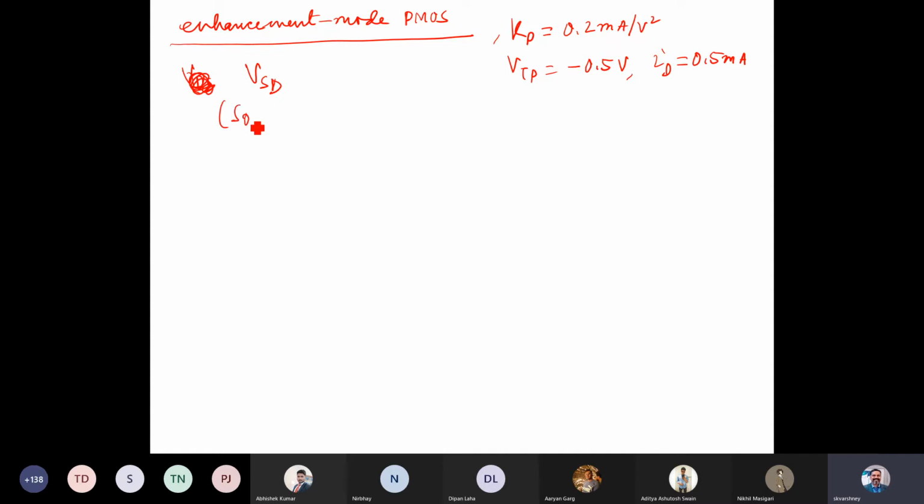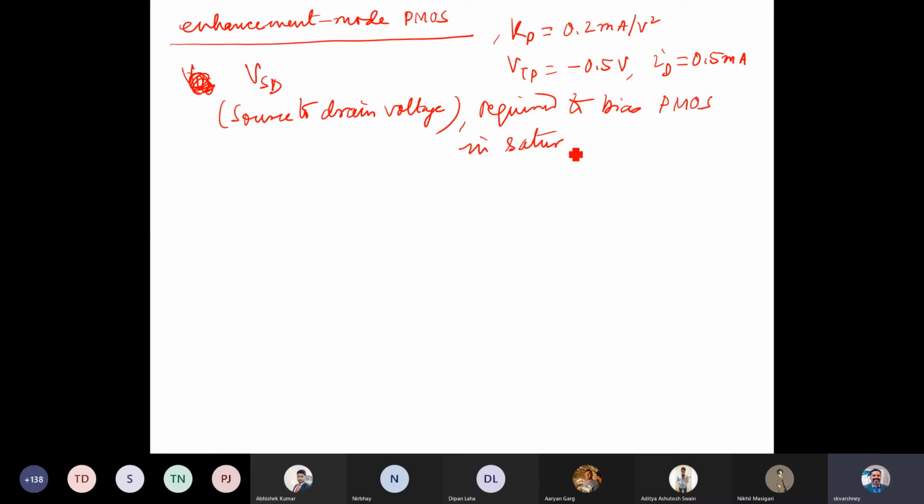One has to obtain VSD, the source to drain voltage required to bias this PMOS in saturation region. So what is the source to drain voltage required to bias the PMOS in saturation region?